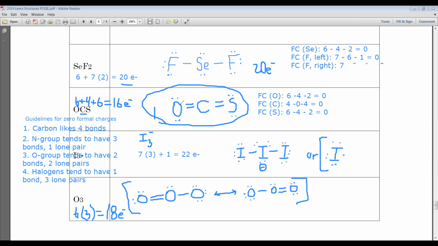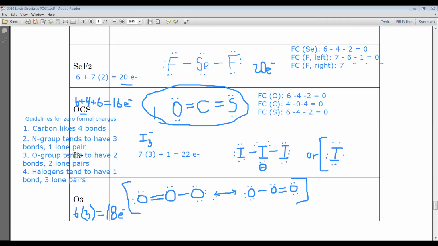Two electrons over means one new bond. And so if you had done that, you would have had 20. You would have realized I need just one extra bond. And that would have led you to, okay, does the double bond go here or does it go here?